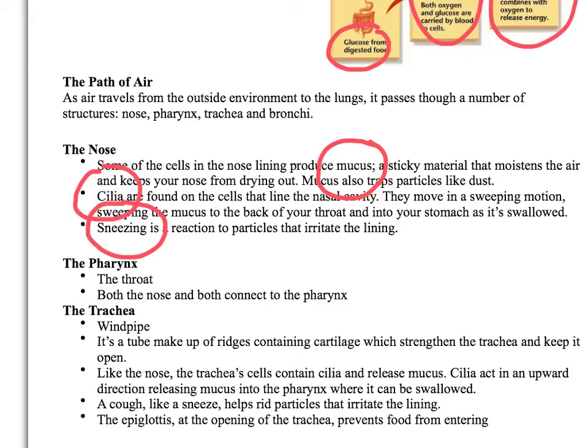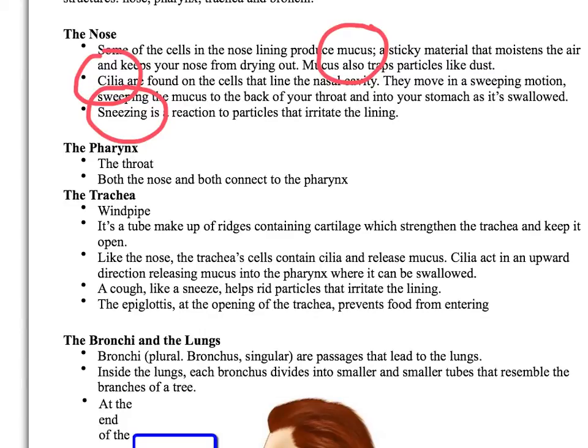The pharynx, or the throat, is where the nose and mouth connect. So it's where the digestive system and the respiratory system meet. The trachea is basically your windpipe. Food enters your pharynx, it goes into the esophagus.